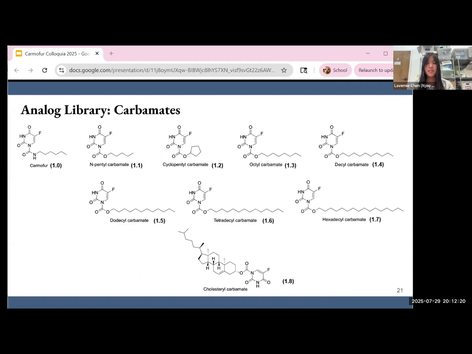Here on the slides, we have our carbamate series with the varying carbon chains and our cholesterol analog. Here on top, we also have our cyclopentyl substituted carbamate 1.2, which could potentially mimic the structure of a lipid tail, as well as possibly inducing a better fit in the binding pocket.